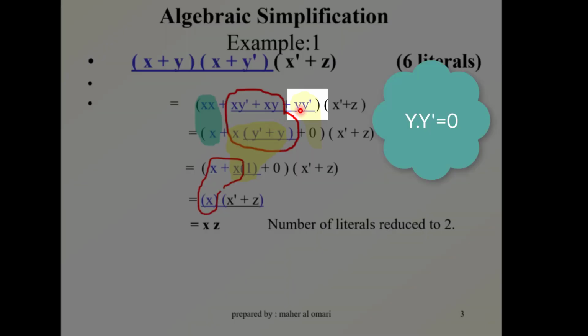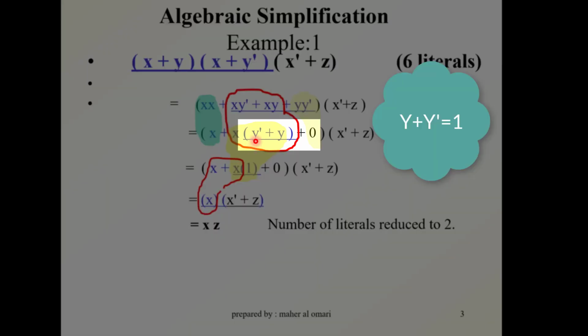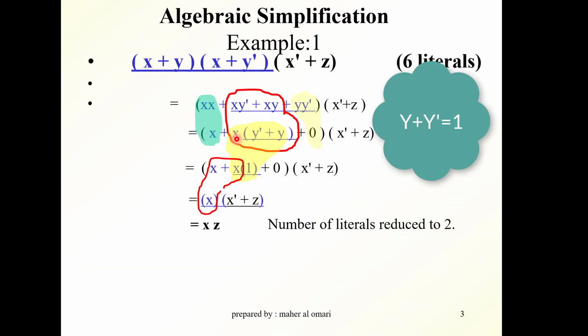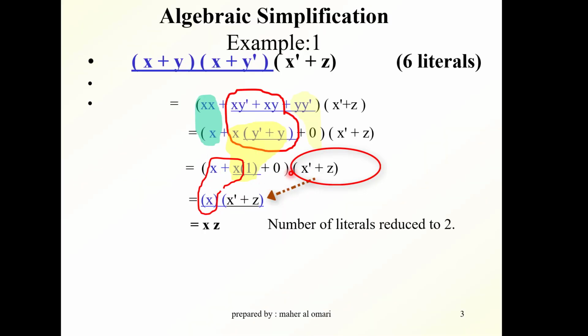And this one, Y ANDed with Y bar, will lead to a 0. This X here stays the same. And Y bar ORed with Y is equal to 1. And anything you AND with 1 is the thing itself, which is X. These two terms here, X and X, will lead to an X. And this one goes down as is. So this is the function in product of sums form.